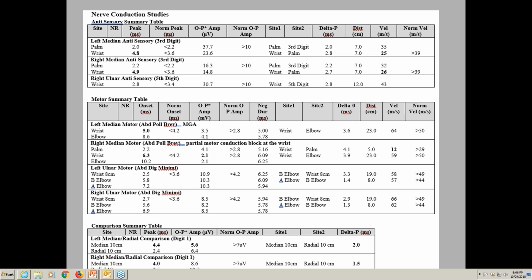And would it be worth saying that the right's worse than the left? Yes. Okay, good. Anybody want to say it differently? When I write it, I would say that there's moderate bilateral median focal neuropathy at the wrist, right greater than left.